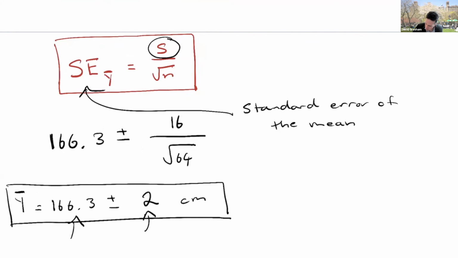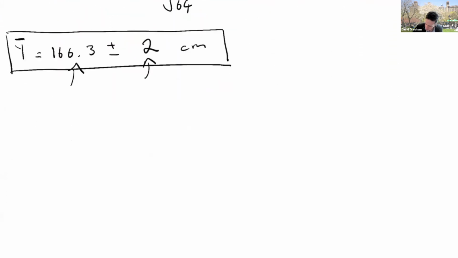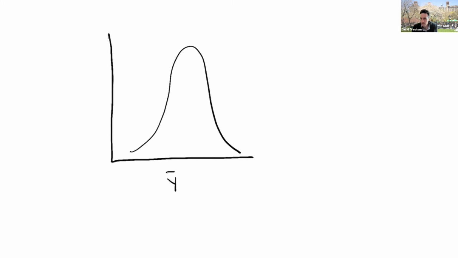Now, if we go back to our sampling distribution of the means, there are some interesting properties of it.